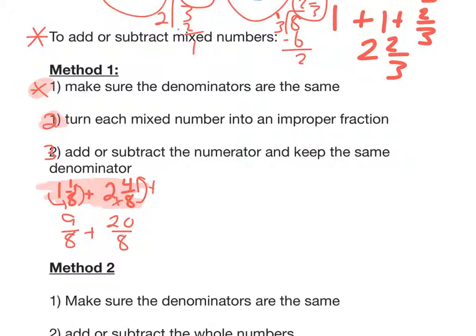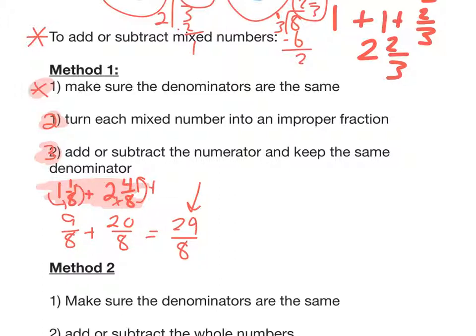And now I'm just going to do step 3 and add or subtract the numerators. In this case we're adding. We're going to add the numerators and we're going to keep the denominator. So 9 plus 20 is 29. 8 plus 8, we don't add the denominators, we just keep it. So it's eighths. 29/8 is my answer. This is my answer if I want an improper fraction.